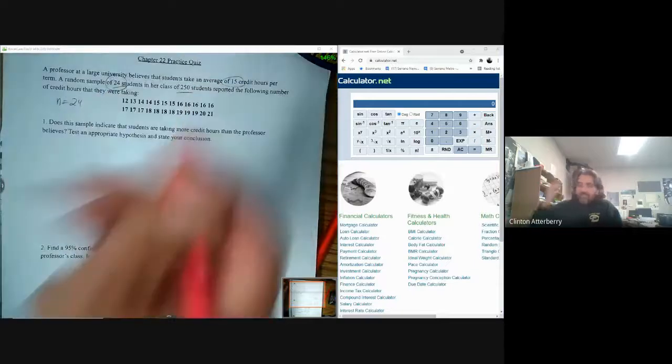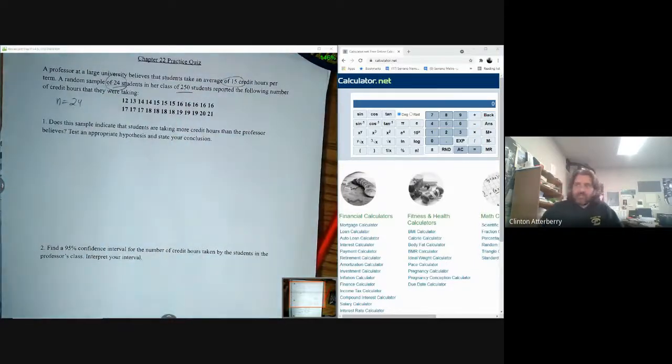The number 250 is there because 24 out of 250 is less than 10% of what she was studying, which helps with the independent and random conditions. It's all about those fun conditions.